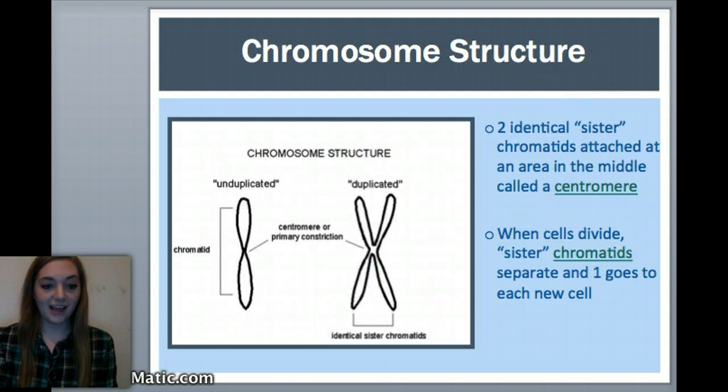So the unduplicated side is the chromatid, and then the duplicated are comprised of two chromatids called sister chromatids because they are alike, but they are also dissimilar. So they're sisters, not twins, and that is why they are together to create a chromosome.